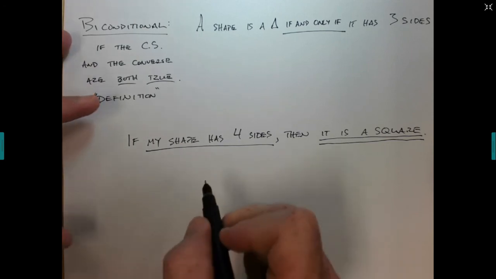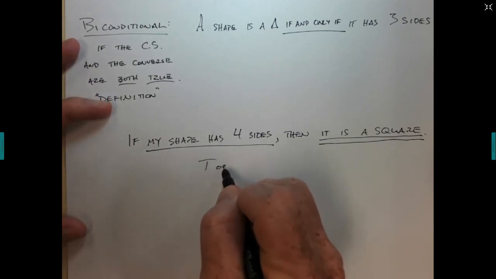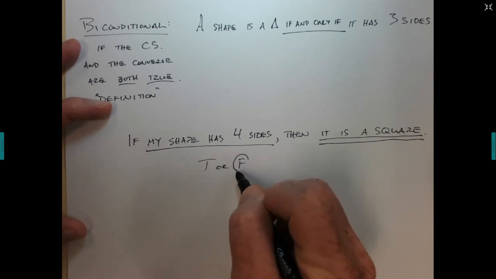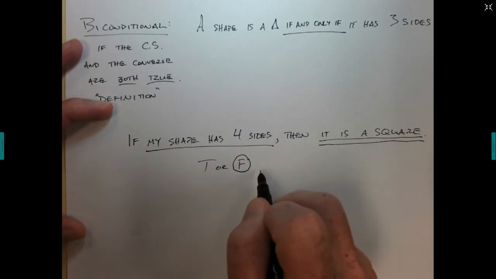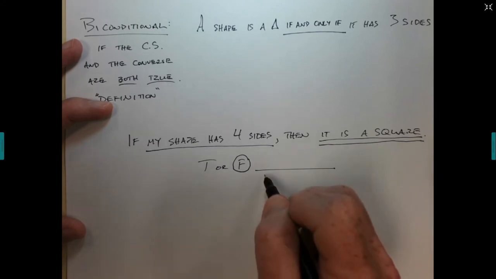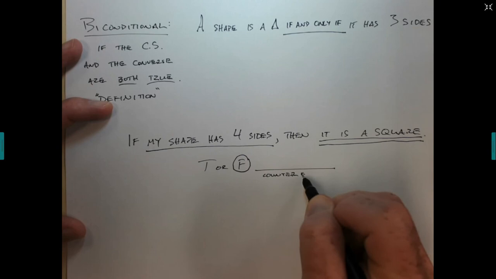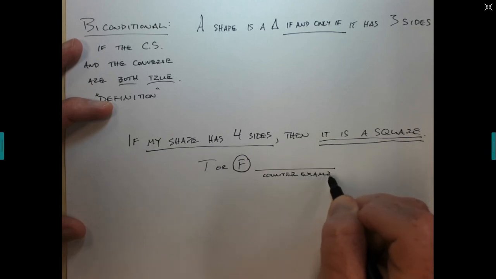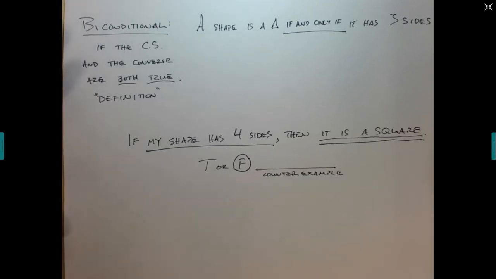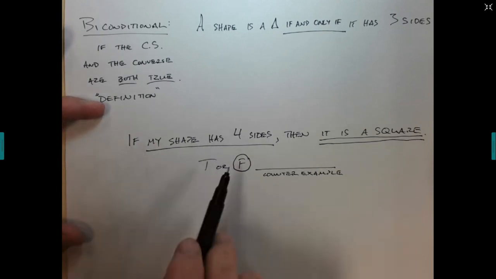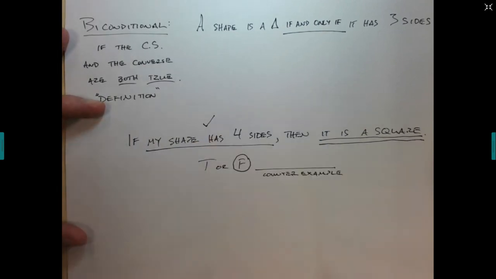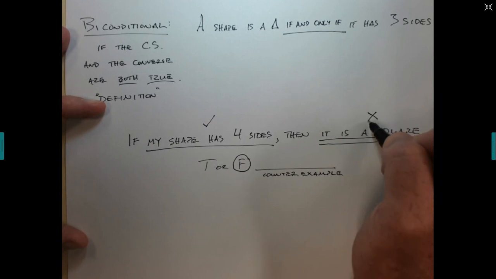And I gave you a hint. We're talking about true or false. There is at least one case where this is false. On the quiz or a test, if you say false, I would want you to identify a counterexample. So this would be a good time to think. Is it possible? Can we think of something that does have four sides but is not a square?